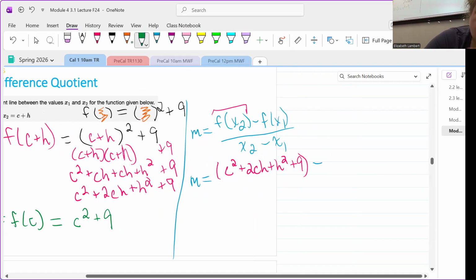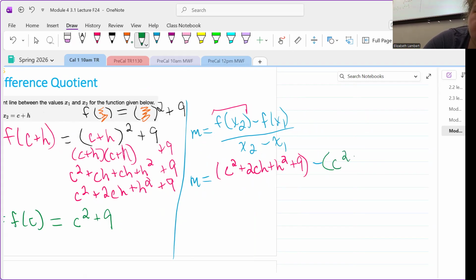Minus f of x1 is this result I got in green, c squared plus 9. And I also wrap it in its own set of parentheses. On the bottom, my x2 was that c plus h, and my x1 was just c.